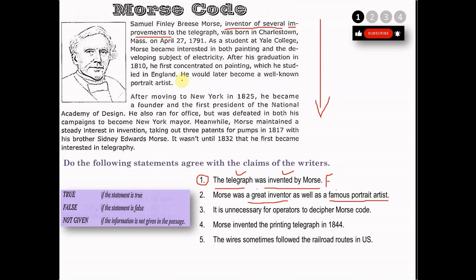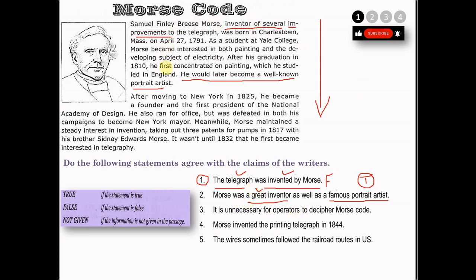Now, several while going through this line will say, yes sir, this option seems to be true. But I would say check the information again, because grammar plays a very important role here. What is the question? Morse was a great inventor. So first thing is great.